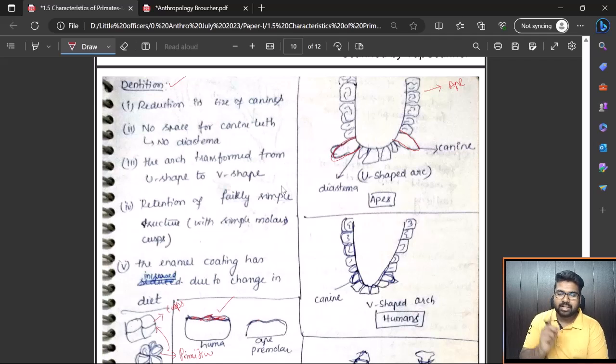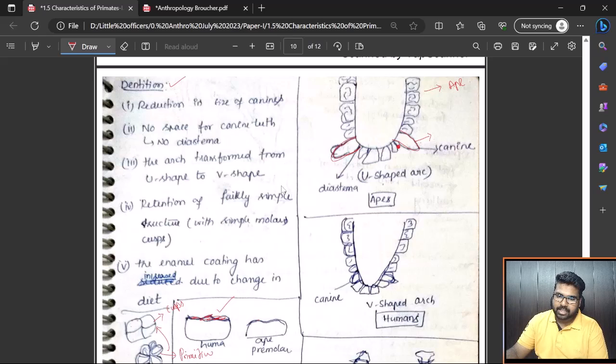It is very large. So when you have a large canine tooth, it has to be accommodated within the mouth. So for that purpose, there is a gap to accommodate it. For example, if you have a big canine in the lower jaw, it has to be accommodated in the upper segment. So in the upper segment, there is a gap to accommodate it. That gap we call diastema.